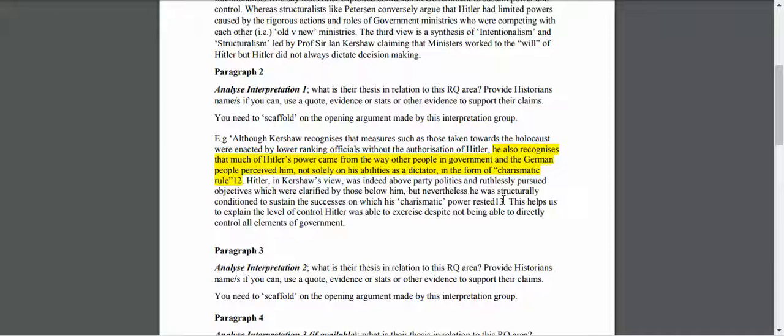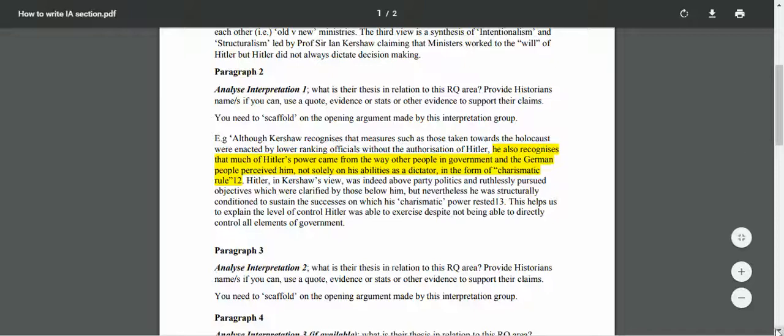So if your interpretation one is very much about one historian, you're going to have to counter-argue that on that point, on that factor, or see if you can come up with a scaffolding point from somebody else, even if you actually, in a very narrowly researched area, have to scaffold or counter-argue from the same historian from a different part of that work, or from a book that was written a few years later. So there are some tips and clues on how you can do that.